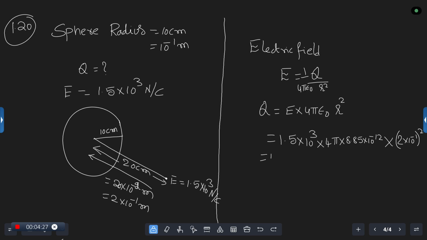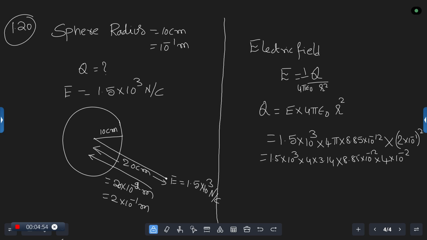So that equals 1.5 into 10 cube into 4 into pi, 3.14. Pi value is what? 3.14 into epsilon naught 8.85 into 10 power minus 12 into 4 into 10 power minus 2. Calculate that.